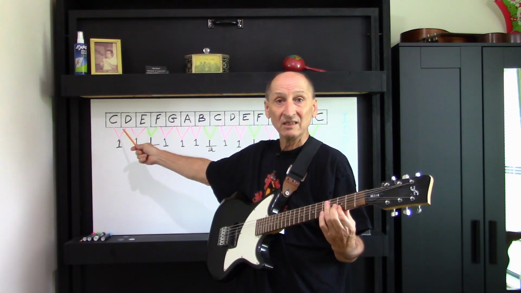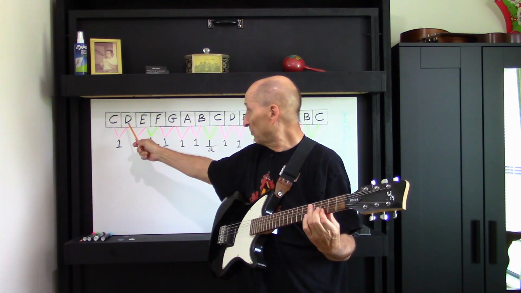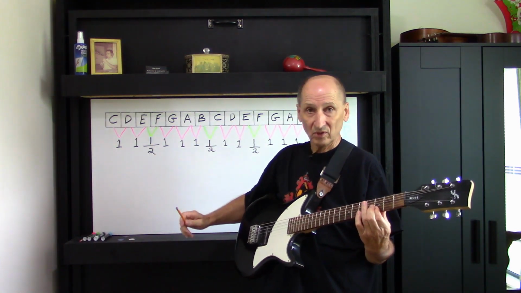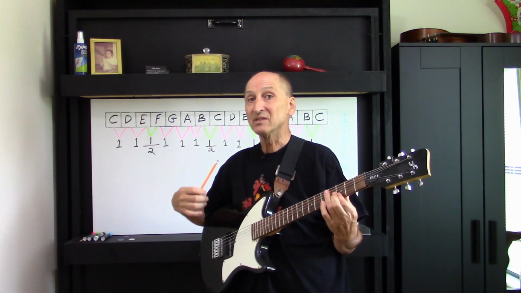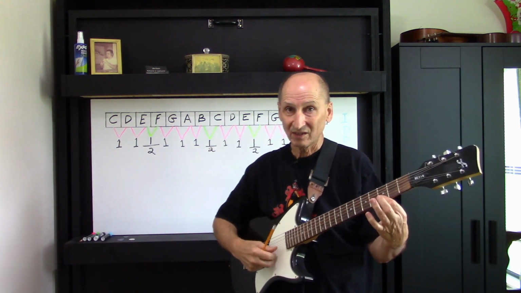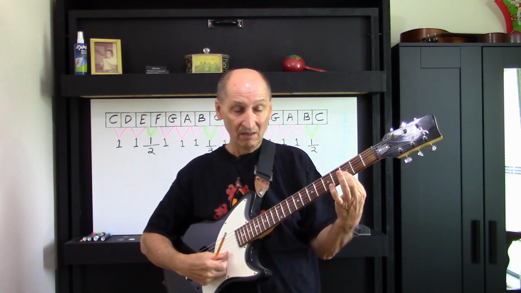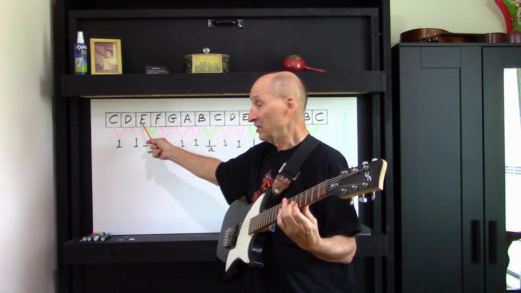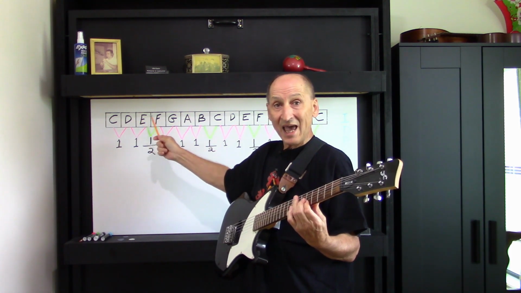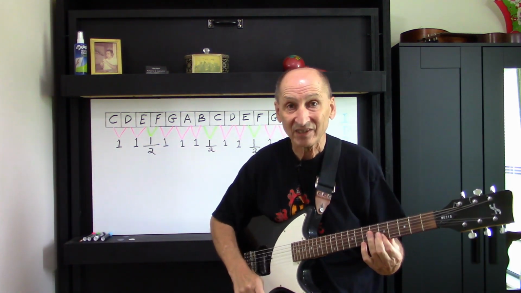boom, it's D. Now let's look between D and E. How far is it? It's 1 step. 1 step is how many frets? 2 frets. So here's D, that's your starting point, 1, 2. Now we're on E. From E to F is a half step.